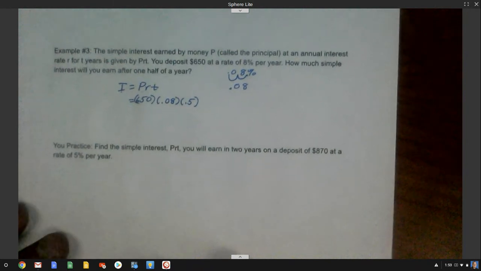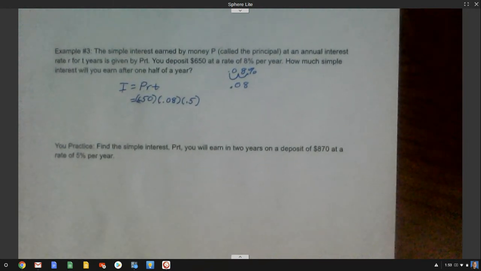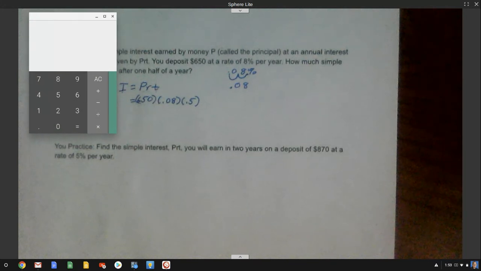Now, trying to do this by hand might be kind of tough. So what we're going to obviously do is use a calculator to do this. So I'm going to plug in 650, and I'm going to multiply by 0.08, and then I'm going to multiply by 0.5.